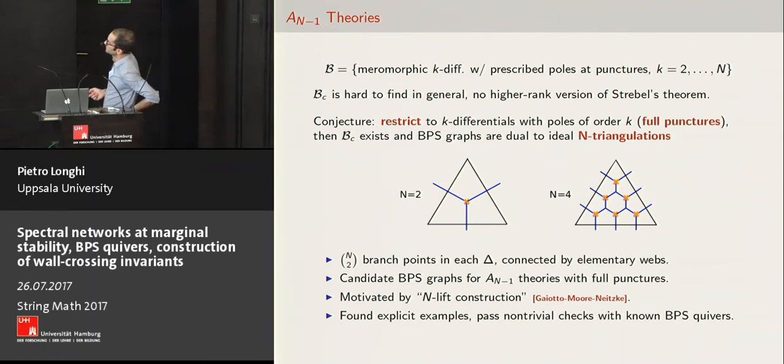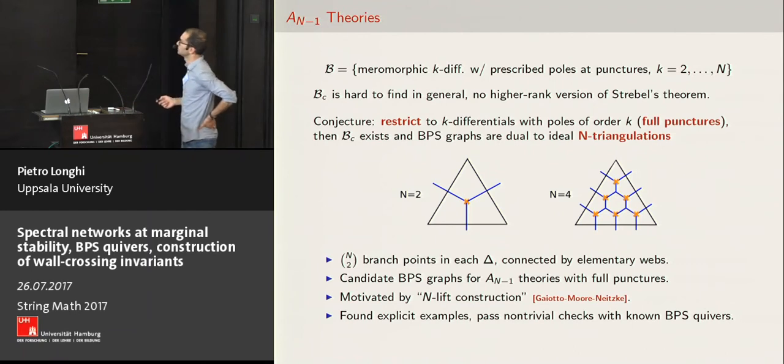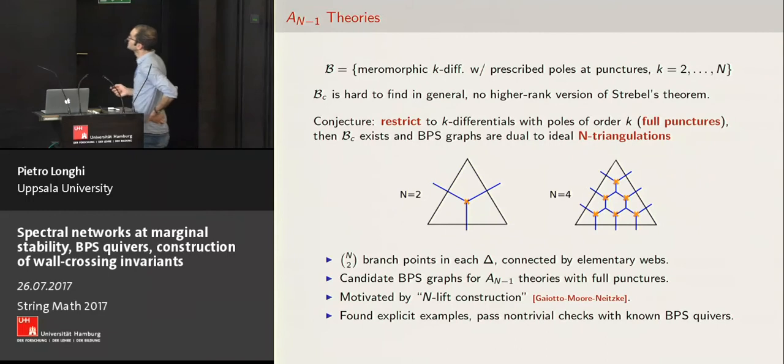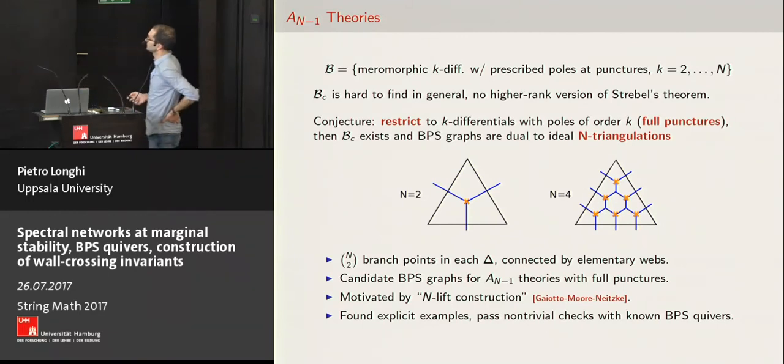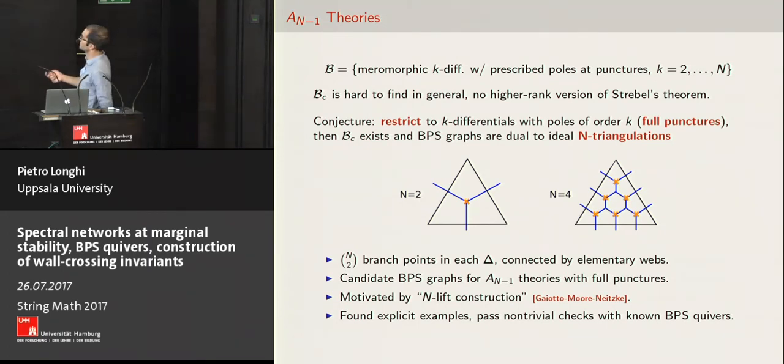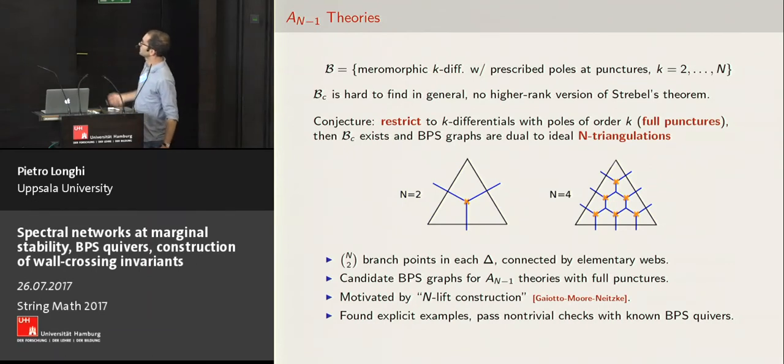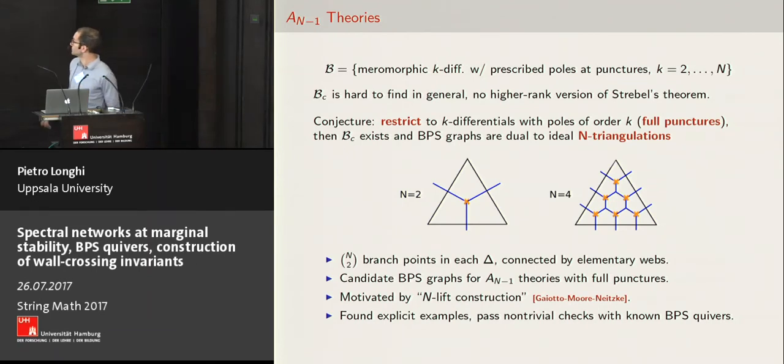It is motivated by a construction known as the lift of A1 theories of Gaiotto-Moore-Neitzke, which essentially is a systematic way of looking for this kind of loci. And of course, we found some explicit examples. So we found this loci, we checked that the BPS graph indeed looks like this, and that the dual quivers correspond to previously known BPS quivers for these theories.